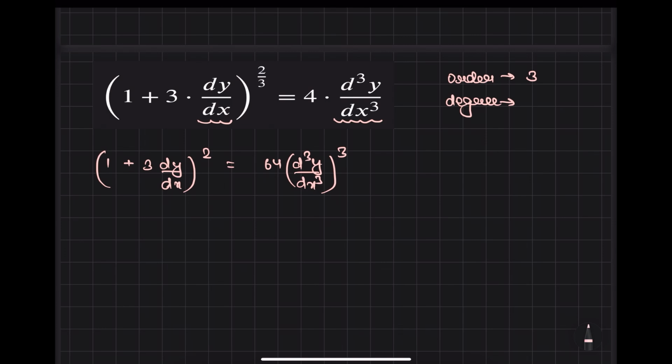Now if you open this bracket, you know that degree depends upon the highest power of the highest differential, and the highest differential is available over here, not here. So what is the highest power of this highest differential? It's 3. So order is 3 and degree is also 3. I hope things are clear.